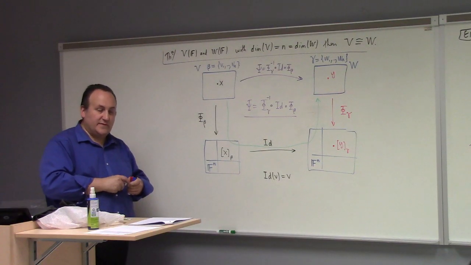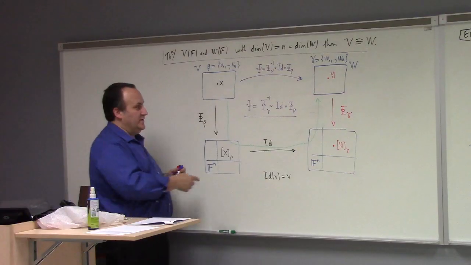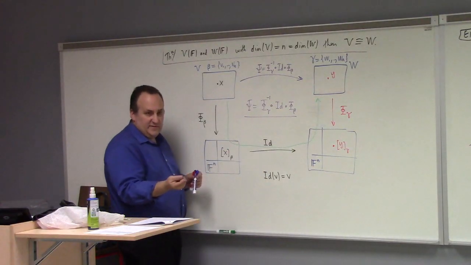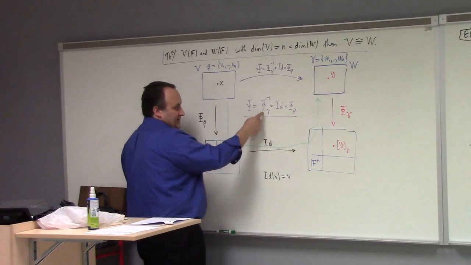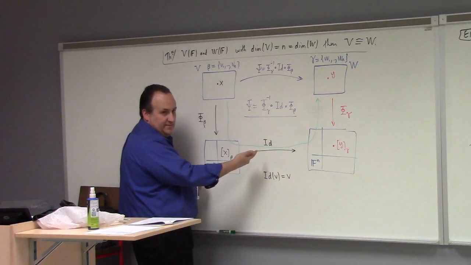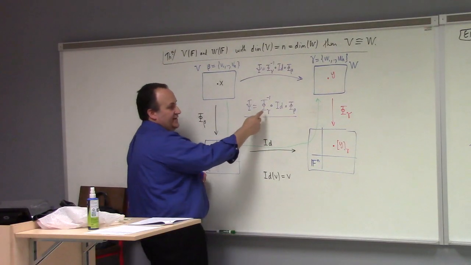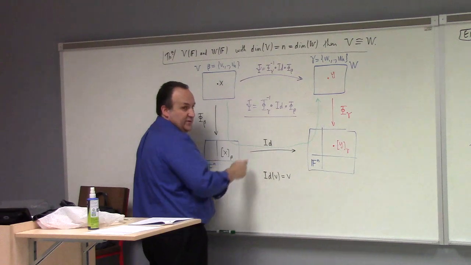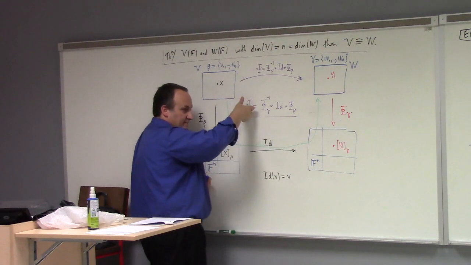It's an isomorphism. The coordinate map is an isomorphism. The inverse of an isomorphism is an isomorphism. The identity map is also an isomorphism. So we're looking at the composite of isomorphisms, which is once more an isomorphism.